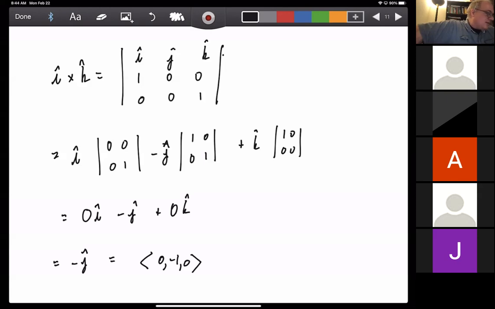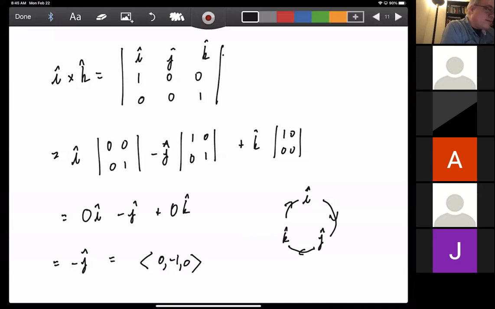Basically, the only thing you have to worry about is figuring out the sign, plus or minus, and that you can work out from the right-hand rule. So there's a cyclic relationship, which you sometimes see. So think of a circle with these guys. i cross j is equal to k. j cross k is equal to i.